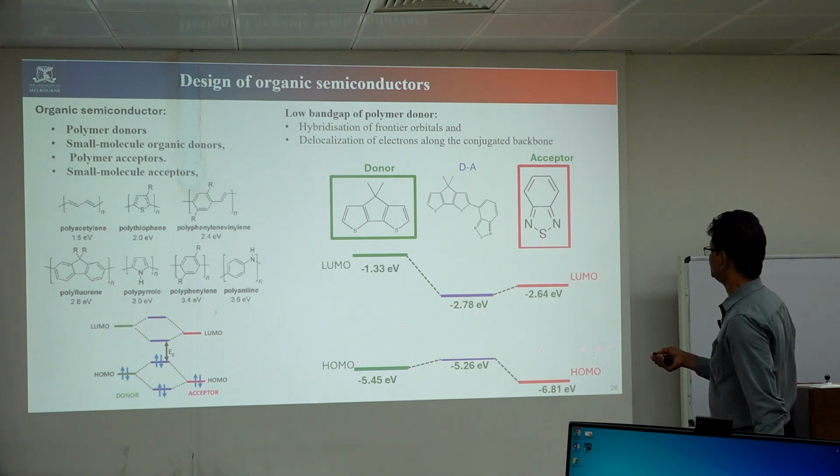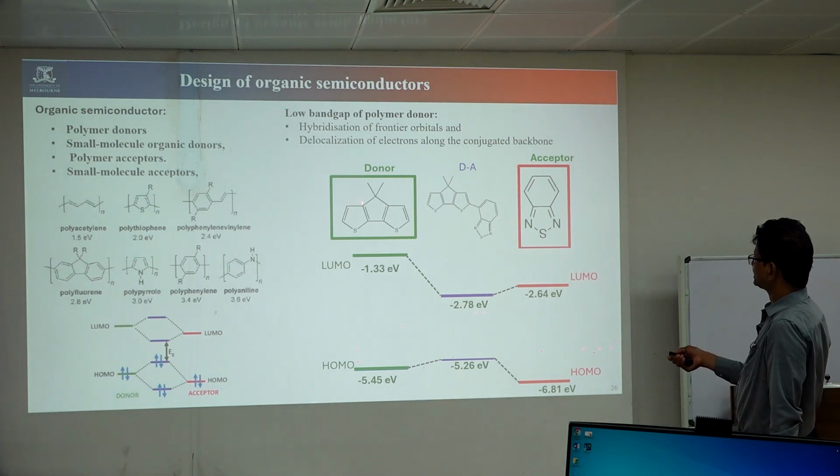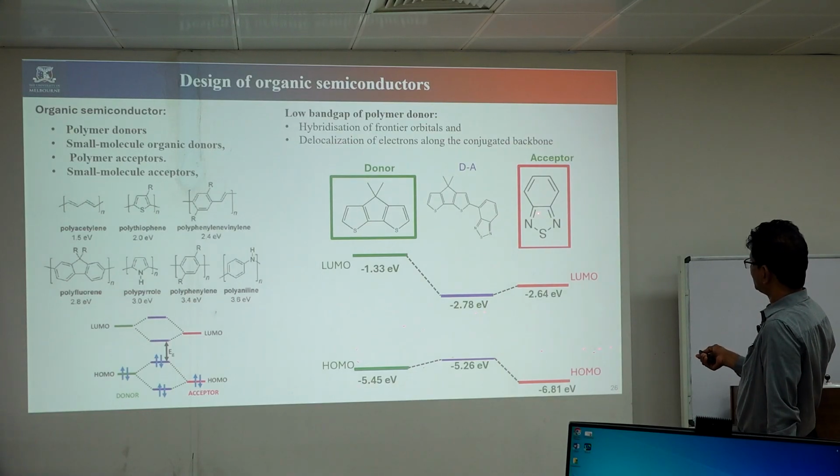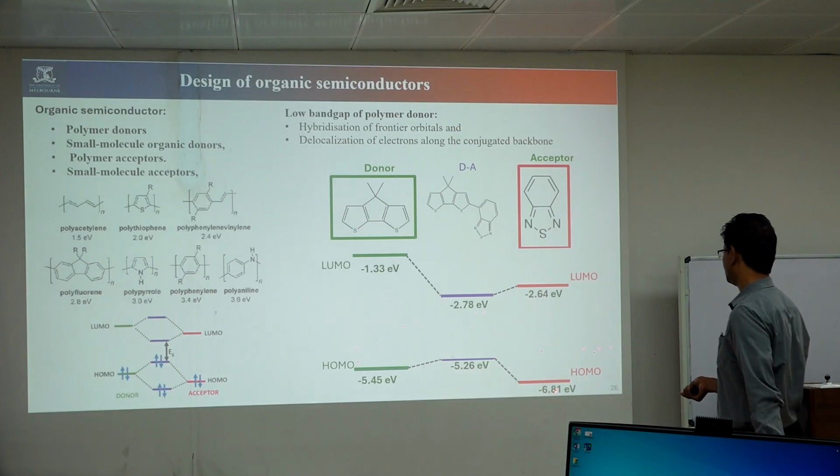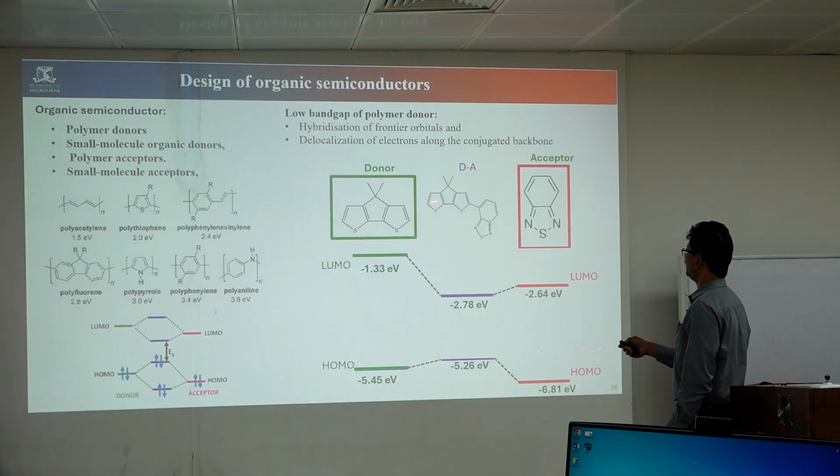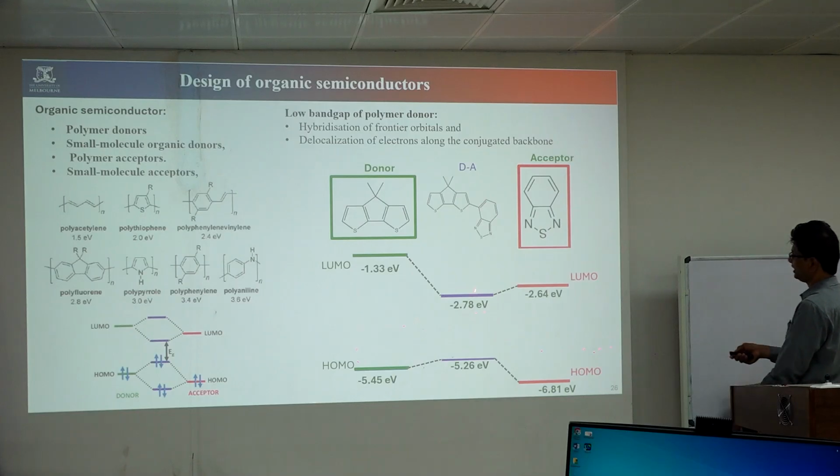This concept is introduced here. If you see this donor, the bithiophene has the energy levels 1.33 and 5.11, and when you have the acceptor benzodiazole, it has energy levels of 2.64 and 6.81. When combined together, we have an entirely new, reduced band gap. You see, this one is high, more than 3 eV.